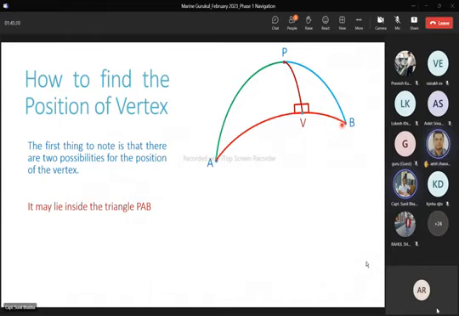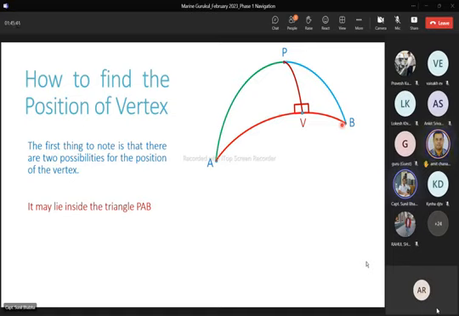Sir, excuse me. Have you already explained which side the vertex will be, either inside or outside? Because my connection got lost. No, I have not explained that, beta. I will be explaining that now. But in the figure you have already drawn the vertex inside the triangle. So have you already explained how it is inside?